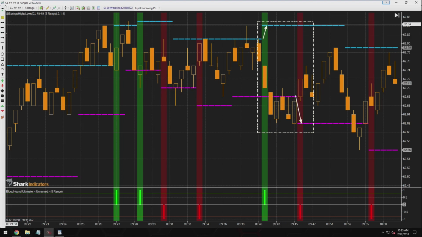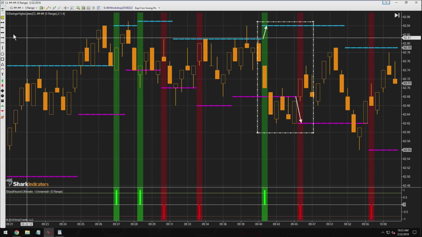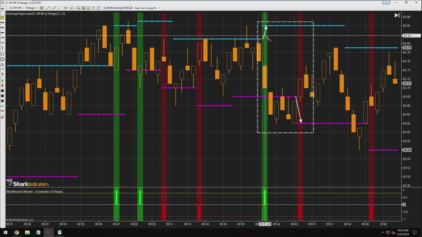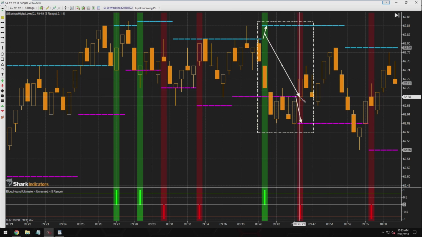So in this area right here, the swing high happens first, and then we have to wait for the swing low to expand. Once this swing low expands, that's when we have the completed expansion.